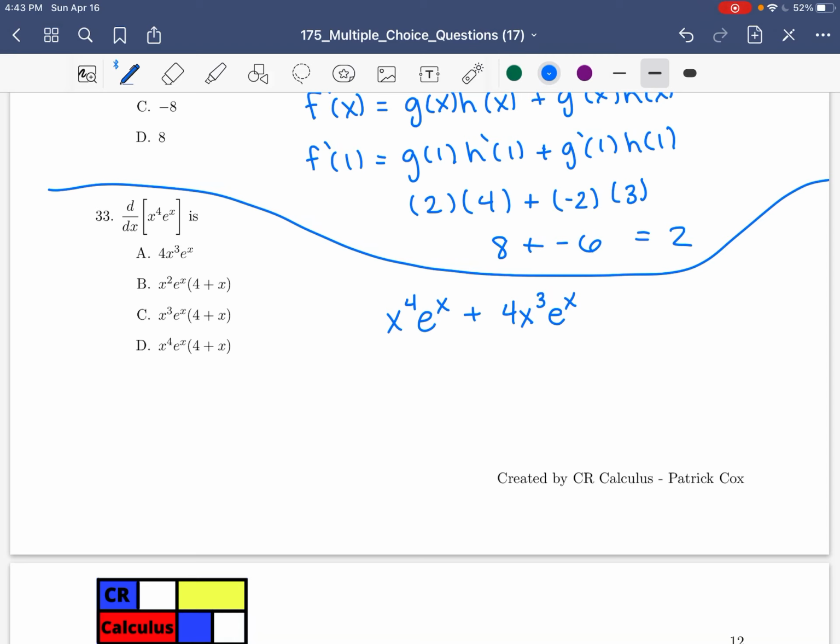And if you look at your answer choices, it looks like we're going to have to factor something out. So I can factor out, looking at this, an x cubed e to the x. So if I take x cubed e to the x out of the first one, I'm left with just x. If I factor x cubed e to the x out of the second term, we're just left with 4. And the only one that matches that would be C, even though it's in a different order.